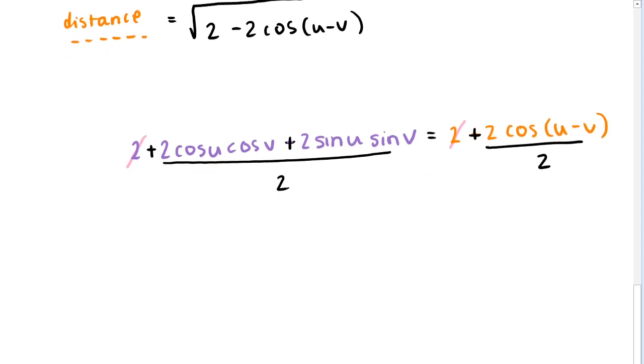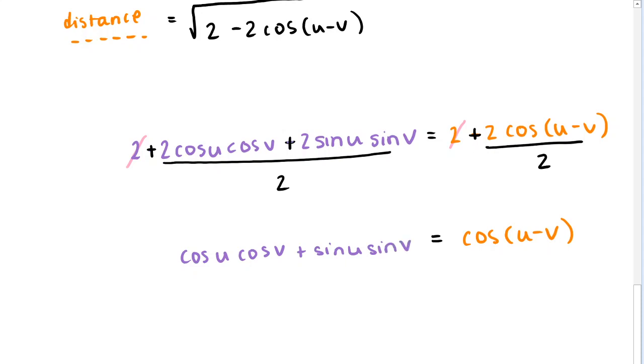And so on the right side, we end up with just cosine of u minus v. And on the left side, when we divide a sum or a difference, really we're dividing each term in that sum or difference. So we're going to have cosine of u cosine of v, and we divide that second term, and we get plus sine of u times sine of v. And so this is our result.